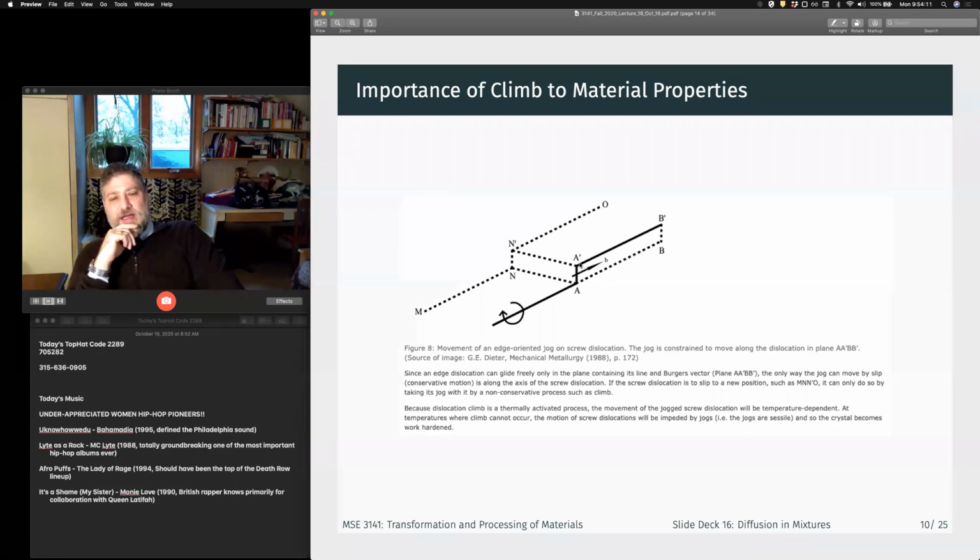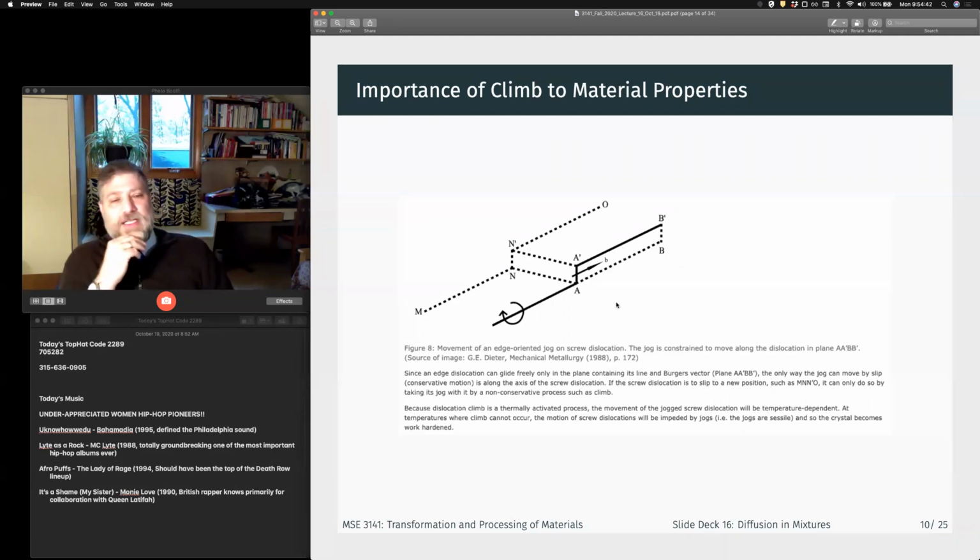So climb of edge dislocations is actually often the rate limiting step in glide, right? In plastic deformation, this motion of these edge dislocations becomes really important. And this is really critical to work hardening in metals.